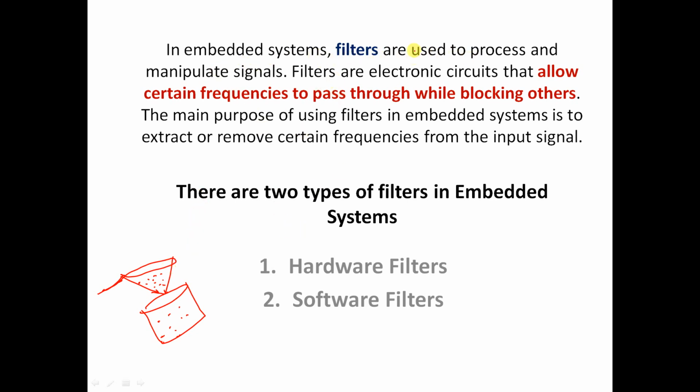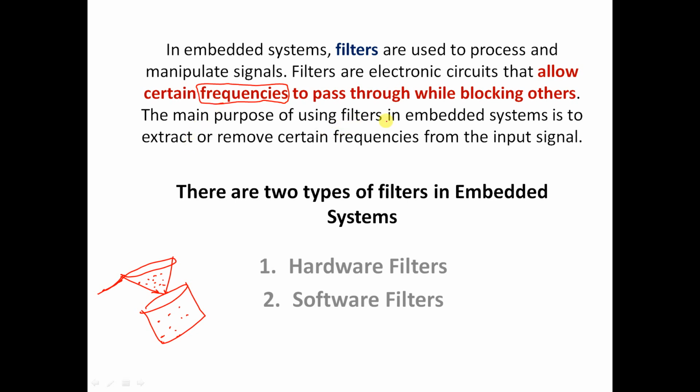So filters can process and manipulate signals. How can it process? The process means it may stop the unwanted thing and allow the needed stuff. Filters are electronic circuits that allow certain frequencies to pass through while blocking others. What it is allowing and blocking is frequencies in the signals.